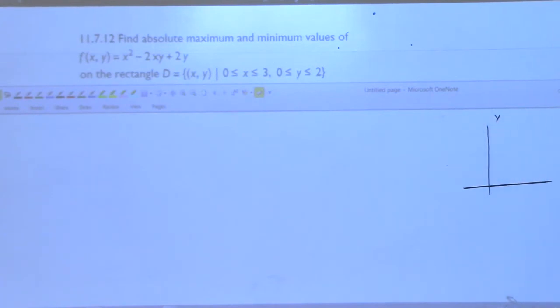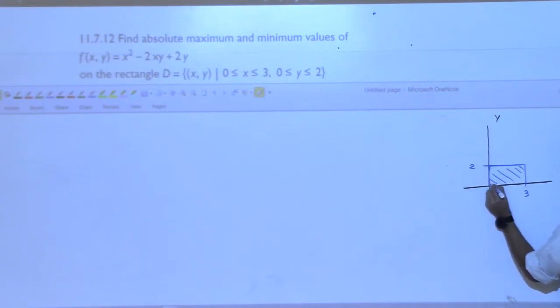Here's 3. Here's 2. Isn't it just this little rectangular box right here? It's everything in between where your x is between 0 and 3 and your y is between 0 and 2. It's everything in between and all the boundaries.